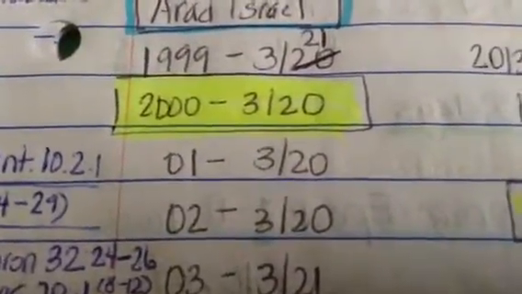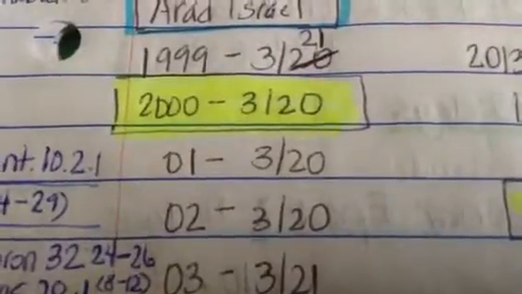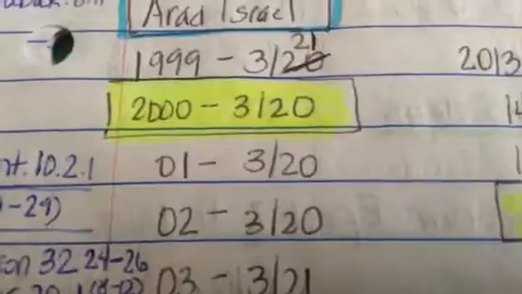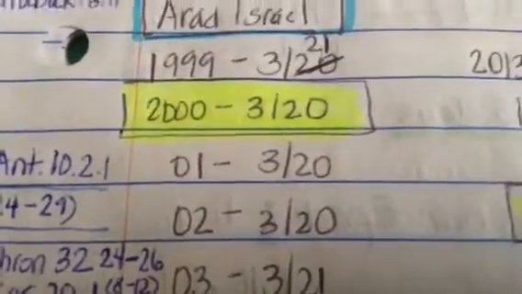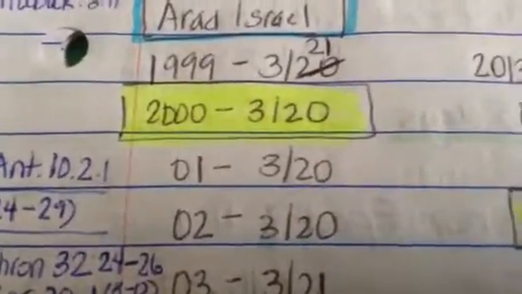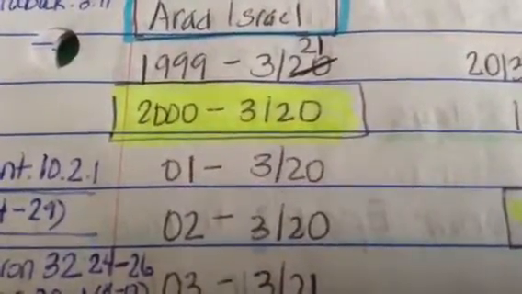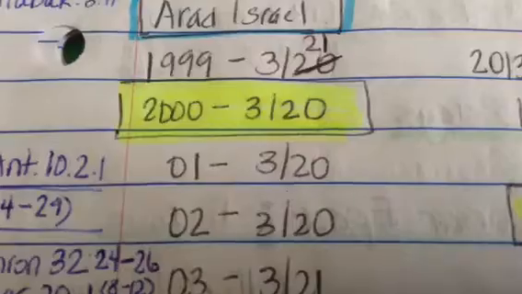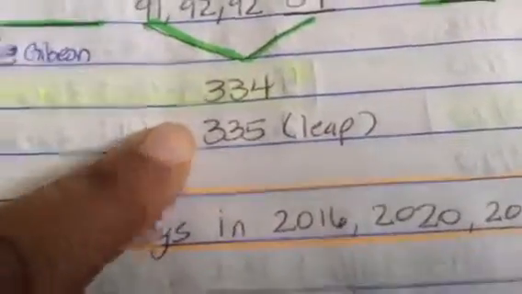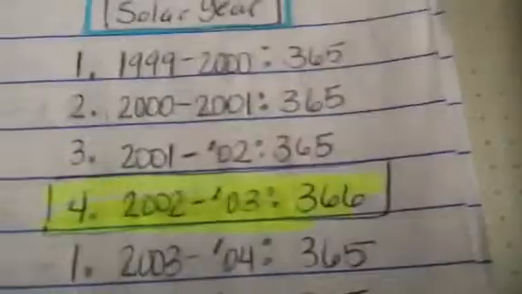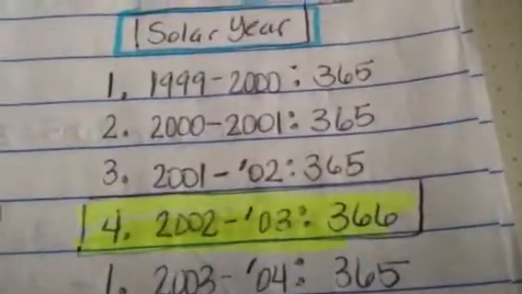Because I have 2000 highlighted, I know that February has 29 days instead of 28. So from the 22nd to the 31st is 10 days. And with a leap year, 10 plus 335, and then plus 20 will give me 365 days.